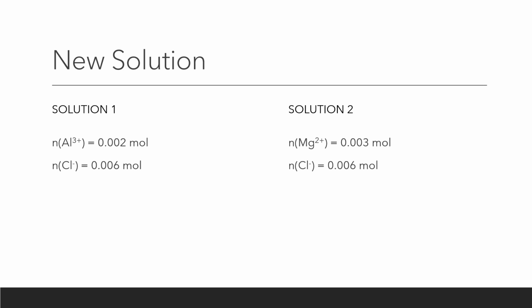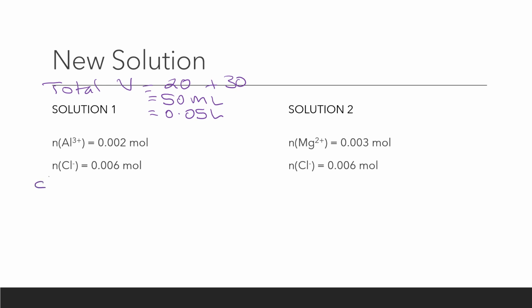Volumes are additive. So our total volume will equal 20 ml add 30 ml, which is equal to 50 ml. And remember, this will need to be converted into litres, which is 0.05 of a litre.